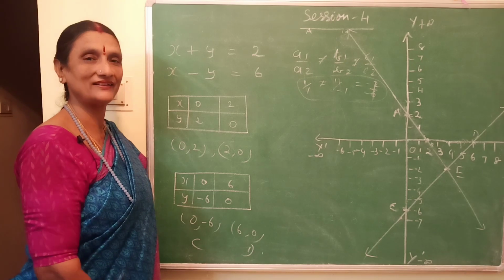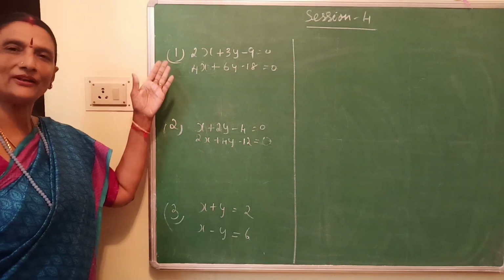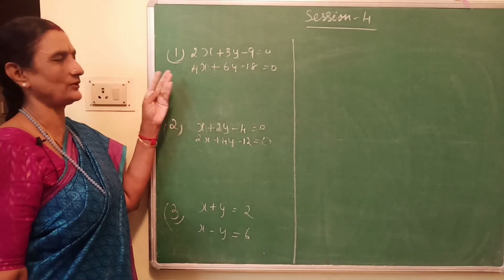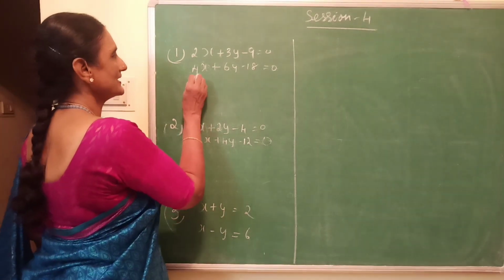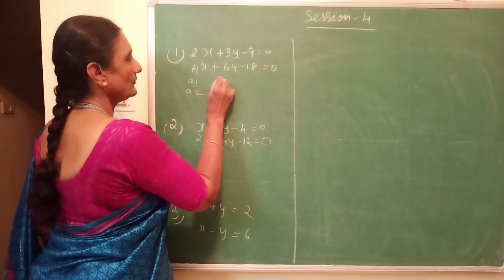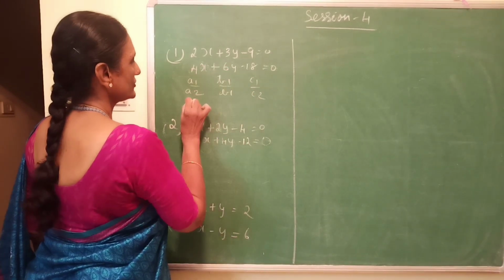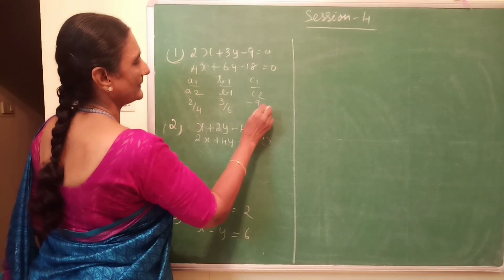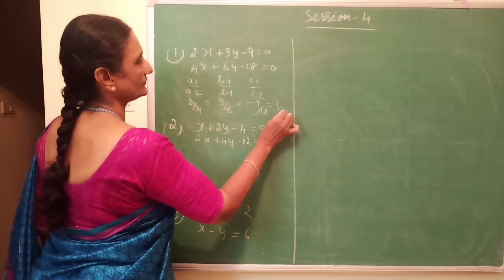Let us tabulate all the three results once again, for your memory. Let us tabulate our results like this. For the first set of equations, 2x plus 3y minus 9 equal to 0 and 4x plus 6y minus 18 equal to 0, we compare the ratios a1 by a2, b1 by b2, c1 by c2 as 2 by 4, 3 by 6, minus 9 by minus 18, all equal to half.